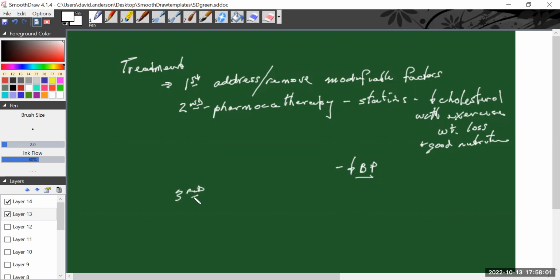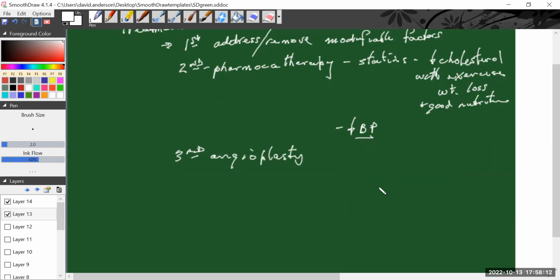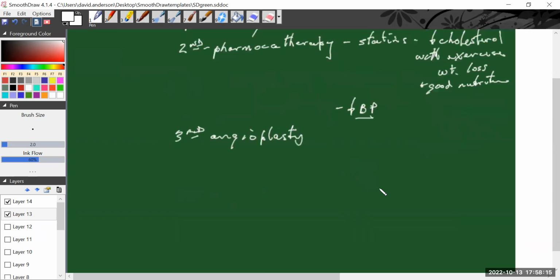And then the next level would be more invasive. They involve making changes to the integrity of the blood vessel itself. So with angioplasty, you're altering the patency of the lumen of the blood vessel.